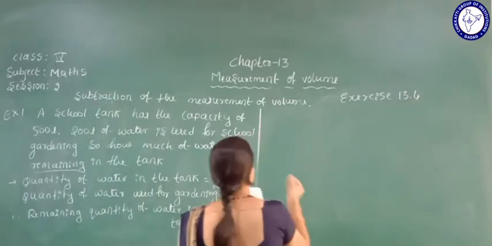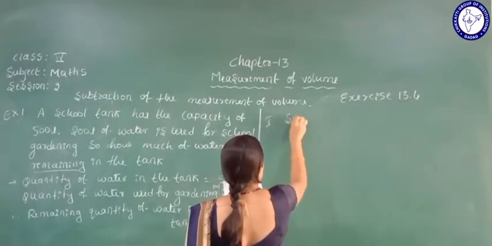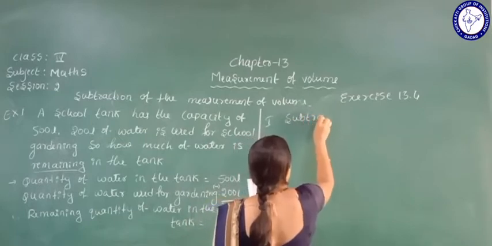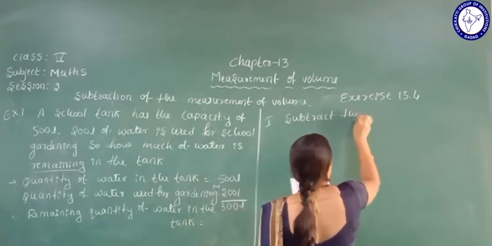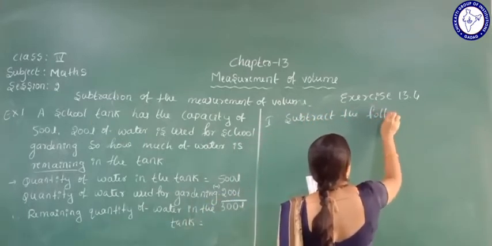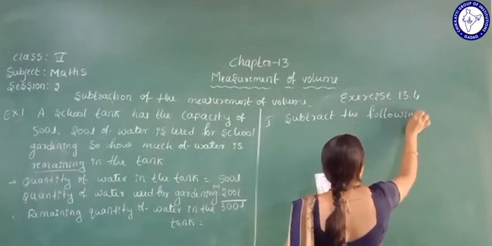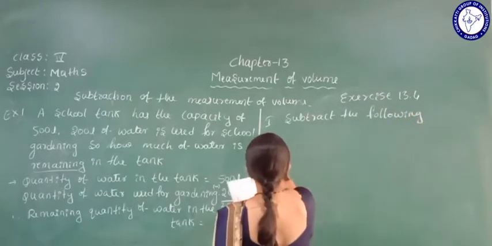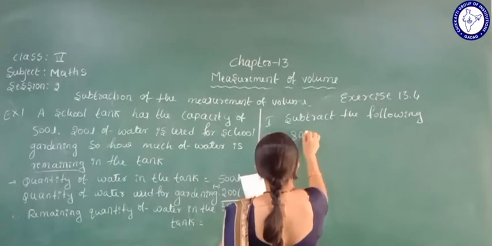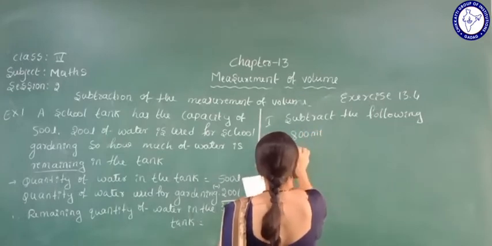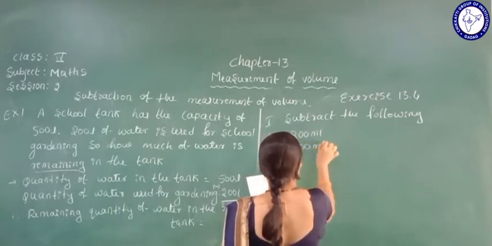First one they have given here: first main, subtract the following. First one, 800 ml minus 400 ml.